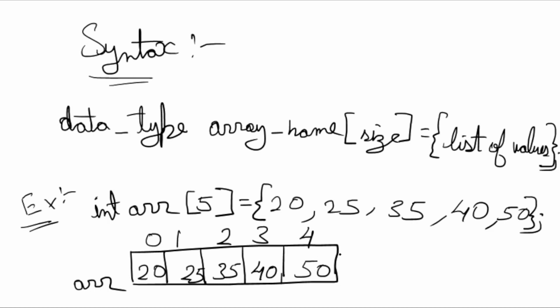Like that only you can create a float array. Float array means a decimal one, where you can take a list of values as 20.5, 25.8, 1.3 and so on.